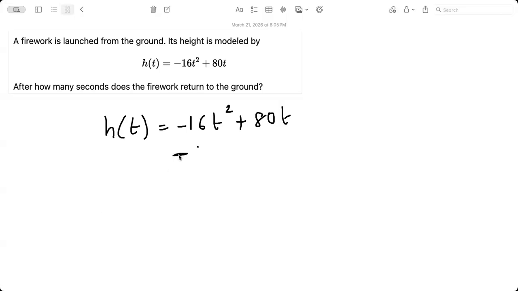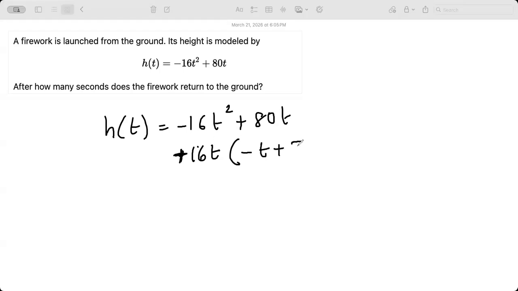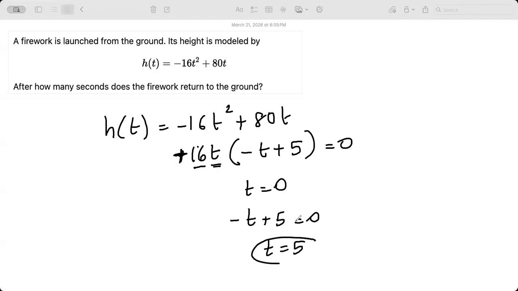Take plus 16t. If you take it as common, what is left is minus t plus 5, right? So this will be equated to 0. 16 can't be equated to 0. Already it's a number. T can be equated to 0. So t is either 0 or minus t plus 5 equal to 0, which means t equal to 5.